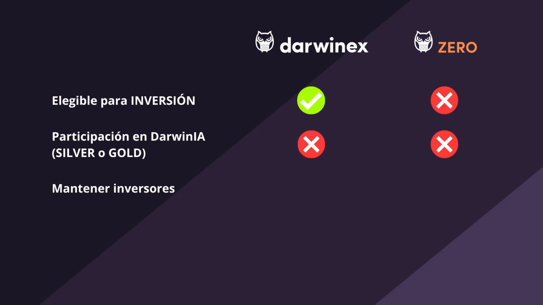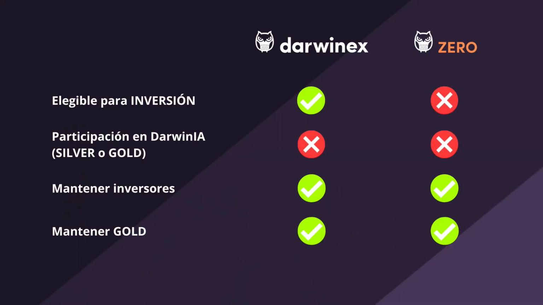Furthermore, ZETs that already have previous investors could continue to have them invested regardless of the divergence reaching this limit, meaning it wouldn't lose those investors due to this specific issue. In both modalities, the Darwins would not drop a league if they were in gold, they would only be temporarily excluded. Dropping a league would require failing to meet certain Darwinia gold retention criteria, which we previously detailed in this video, linked here for you.